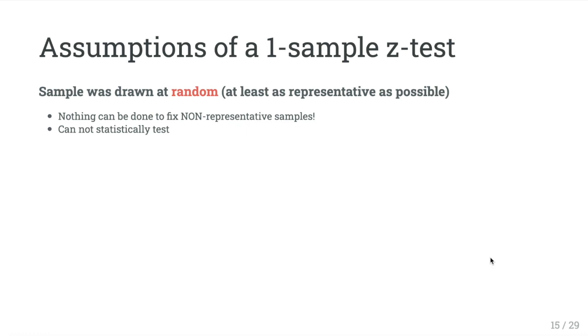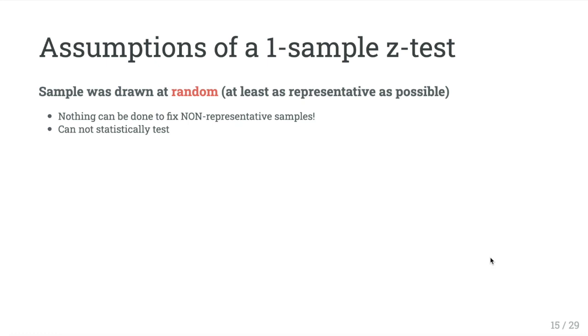So using what we've talked about up to this point, let's apply that to what we call a one-sample z-test. What this does is it tests a representative sample to some pre-known value. So one of the assumptions is that the sample is actually random and it's representative. There's nothing you can do to fix a non-representative sample.